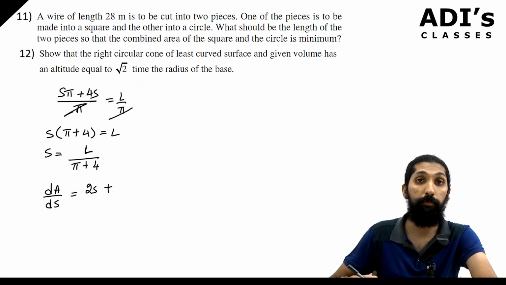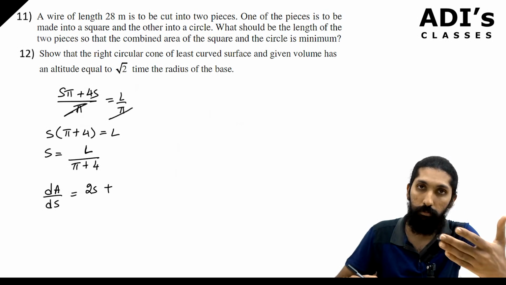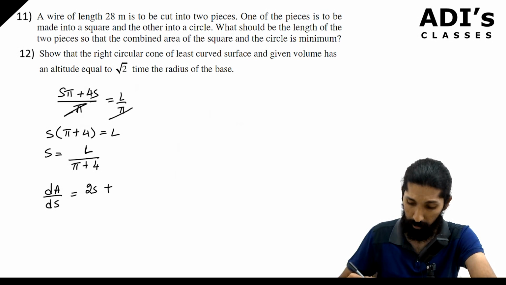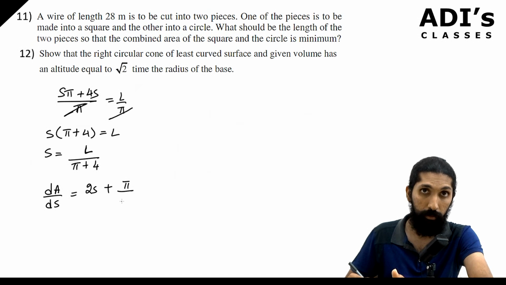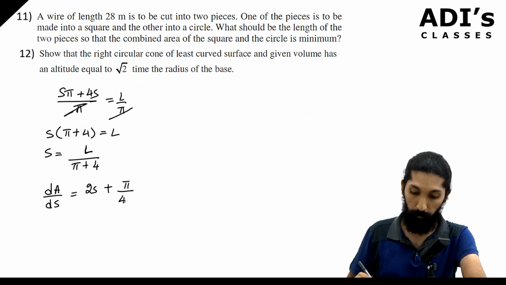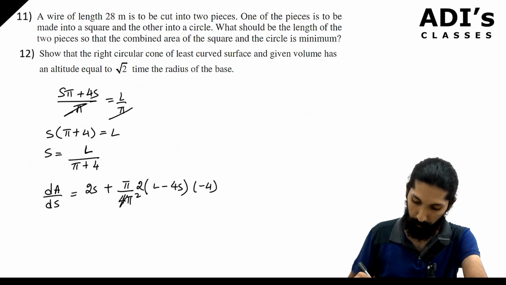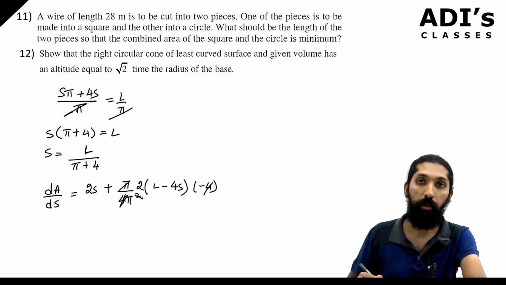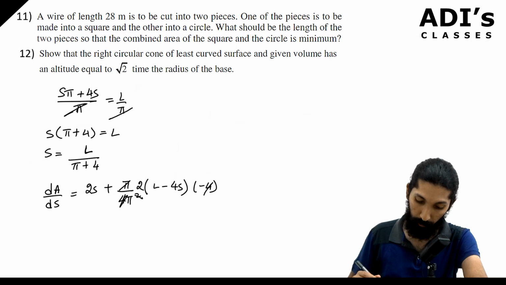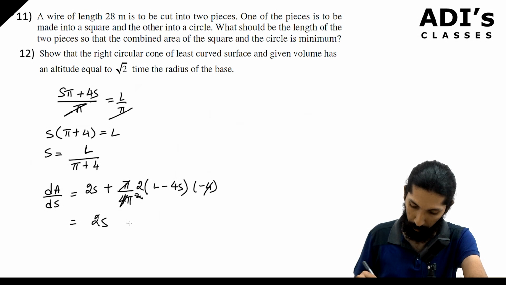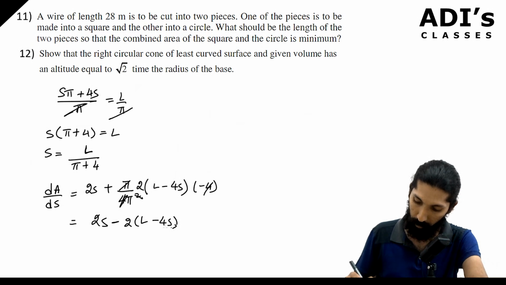Plus the next part was pi divided by 4 pi square into (L minus 4S) whole square, so 2 into minus 4. We cancelled the 4 and 4, and pi and pi, right? Then we took this as 2S minus 2 into (L minus 4S). This was the first derivative.